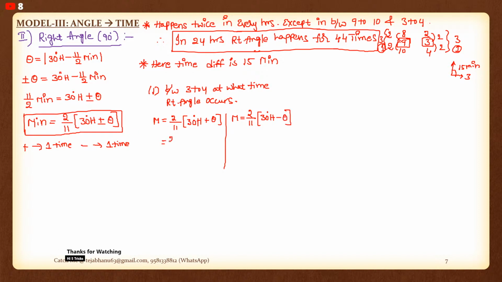Now, have a look. 2 by 11 into 30 degrees into hours, which is 3, plus theta, which is 90. 30 into 3 is 90, 90 plus 90 is 180, 2 into 180 is 360, 360 by 11. 11 threes are 33, remainder 3, 30, 11 twos are 22, remainder 8.